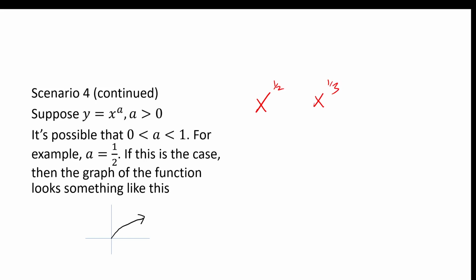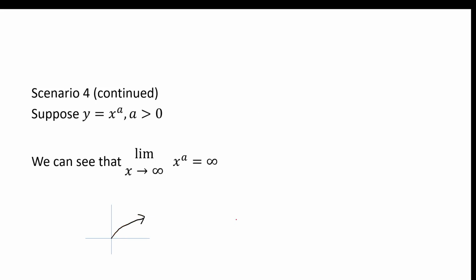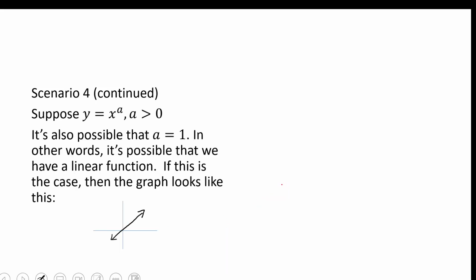If that's the case, then the graph of the function is going to look something like this. Let's use x to the 1/2 for a moment. We're all pretty familiar with that one. Well, here we'll write it on the next one, we'll see that the limit as x goes to infinity of x to the a actually equals infinity in that case. As we go infinitely far to the right, our y value will get infinitely high.